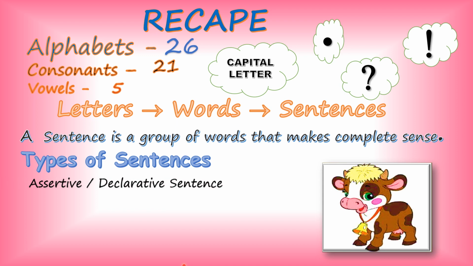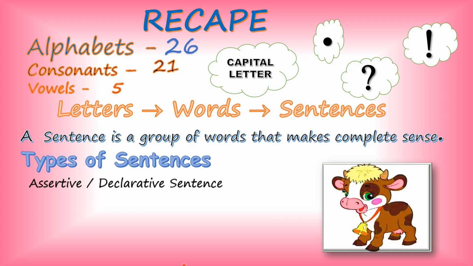Now, the first one is the assertive sentence or declarative sentence. An assertive or declarative sentence states something, tells something, or it tells a fact. Fact like the sun rises in the east. We breathe in oxygen.